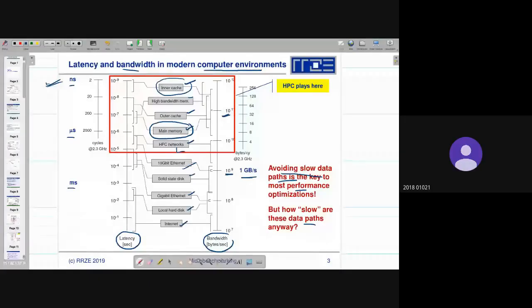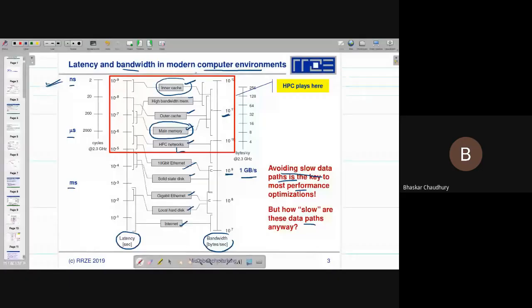Yes, sir. Okay, perfect. Before we go ahead, let me quickly summarize. The first summary is that there are micro benchmarks, which are typically small programs that can be used to test the architecture. Second, when you deal with today's modern computer environments, you have to deal with several data paths. In this picture you can see almost 10 different data paths, starting from the internet to the L1 cache.